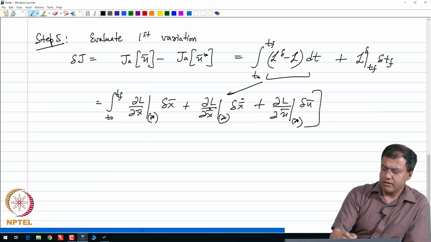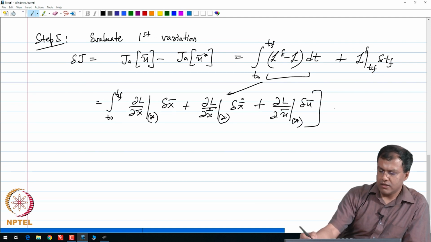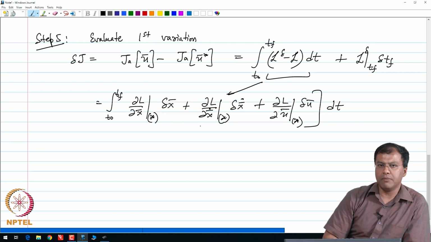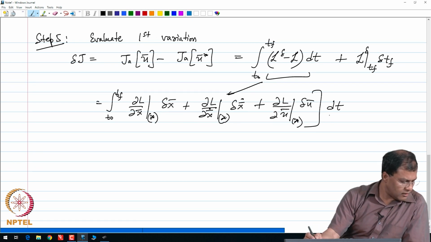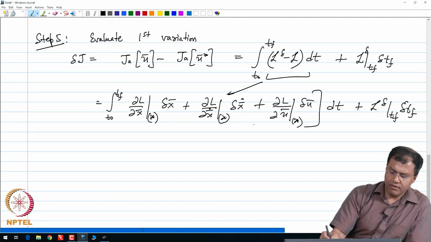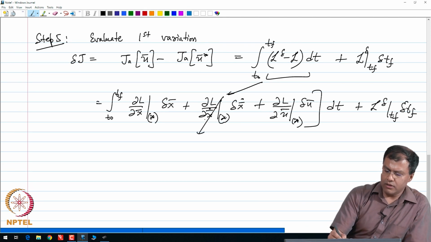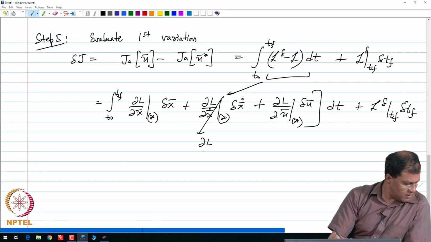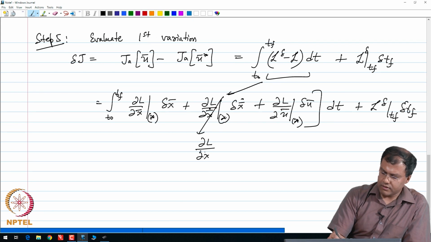Notice that this is the variation up to first order times dt. So, we have taken the variation with respect to all the variables which are being perturbed, namely the state and the control variables, plus the term which is sitting outside the integral, L delta at Tf times delta Tf. And then notice that this quantity, using my integration by parts, will become partial L partial x dot delta x. So, this is at star condition delta x, and then minus.